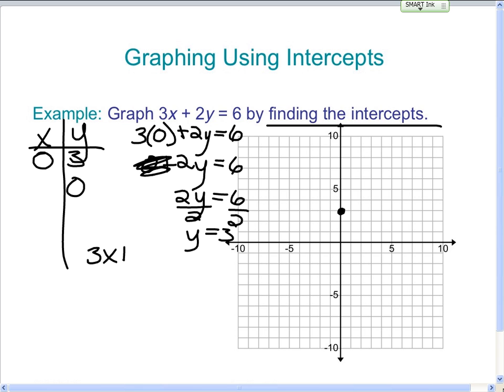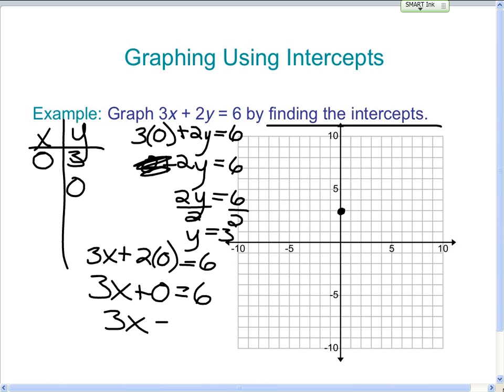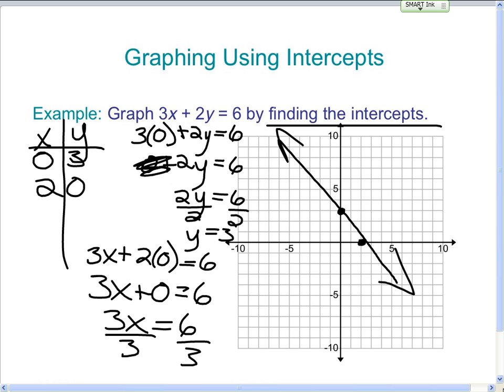So 2 times 0 is equal to 6, and solve. 2 times 0 is 0, and you get x is equal to 2. So we're going to put a point at 2, 0. And this is the x-intercept because it's on the x-axis. When you have 2 points, you can connect them and you have a line.